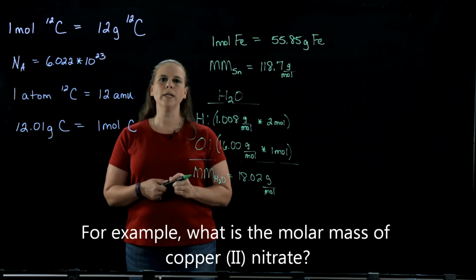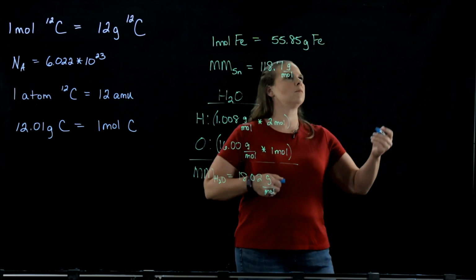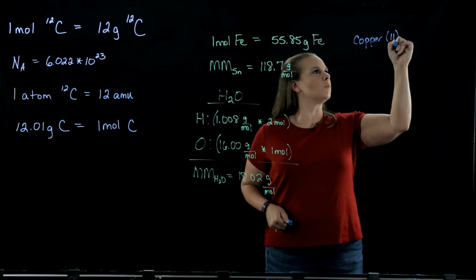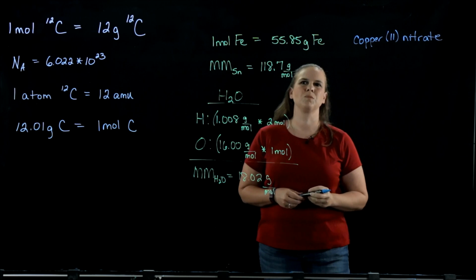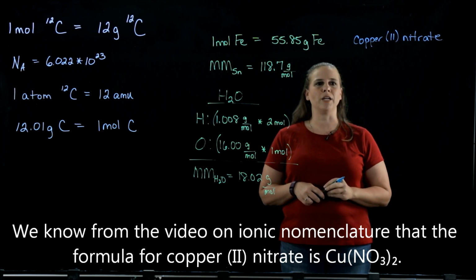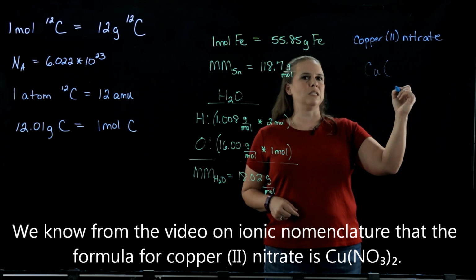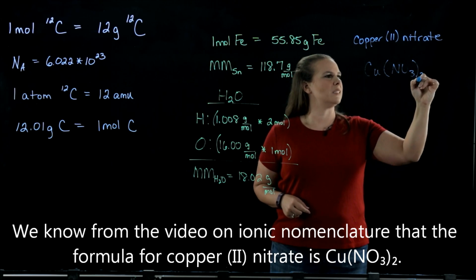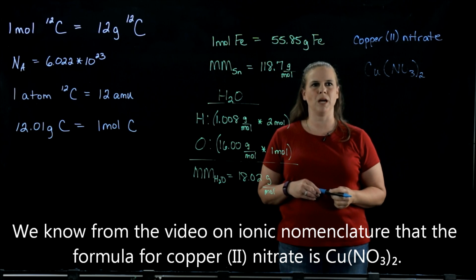For example, what is the molar mass of copper(II) nitrate? We know from the video on ionic nomenclature that the formula for copper(II) nitrate is Cu(NO3)2, with parentheses for our nitrate, a polyatomic ion, and then a subscript 2, because our copper is a 2+ transition metal ion.